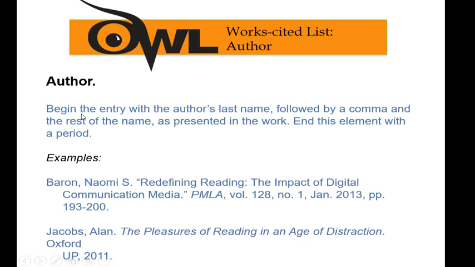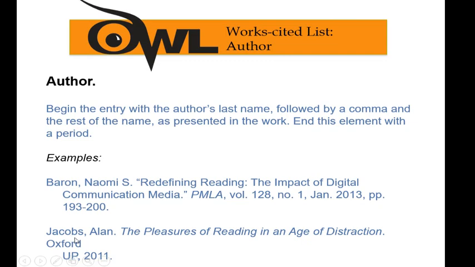It says begin the entry with the author's last name followed by a comma and the rest of the name as presented in the work. End this element with a period. You can see here Baron, Naomi, Redefining Reading: The Impact of Digital Communication Media, and then you have the rest of information.